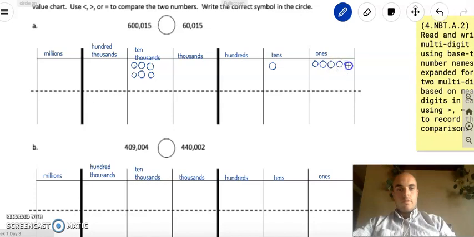I'll put this one underneath. I have, again, 5 ones, 1 ten. I have nothing in the hundreds, nothing in the thousands, nothing in the 10,000s, but I have 3 in the 100,000s.